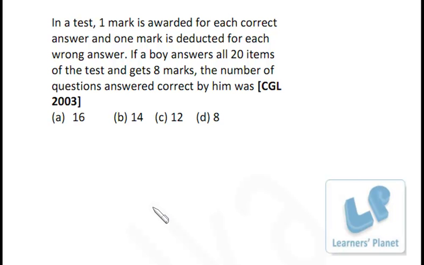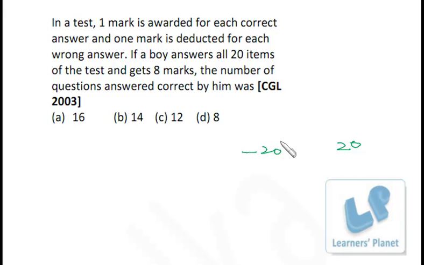I assume he has done all the 20 questions incorrect. So his marks must be minus 20. On the other side, I assume he has done all the 20 questions correct, so his marks are 20, right? And he has attempted all the questions, so no problem at all.